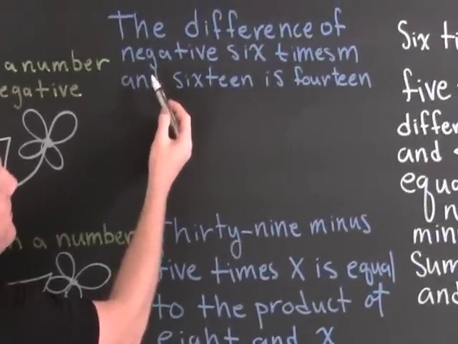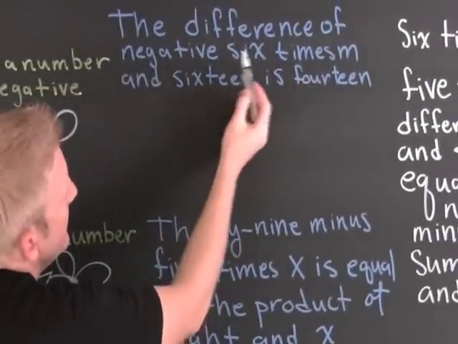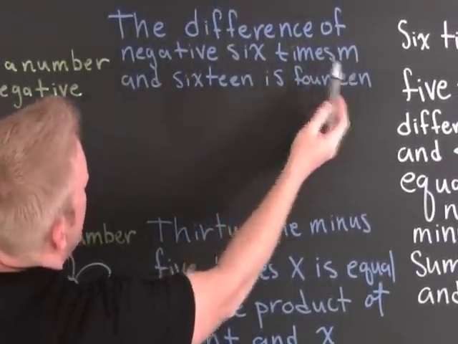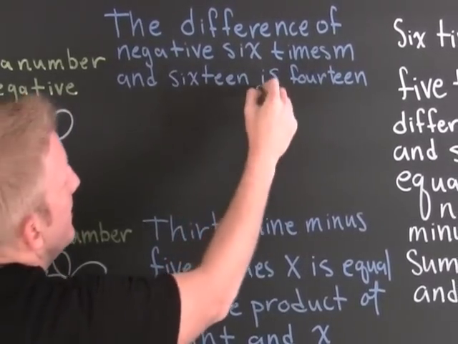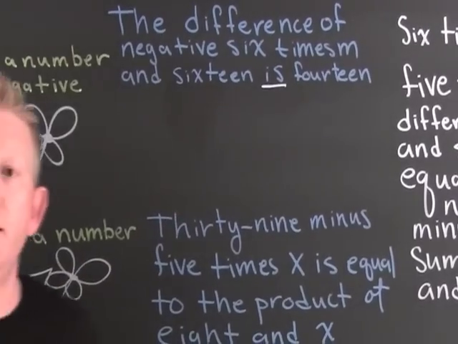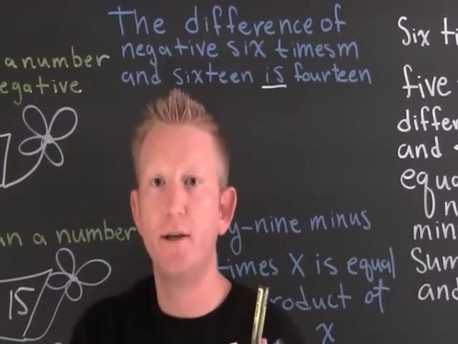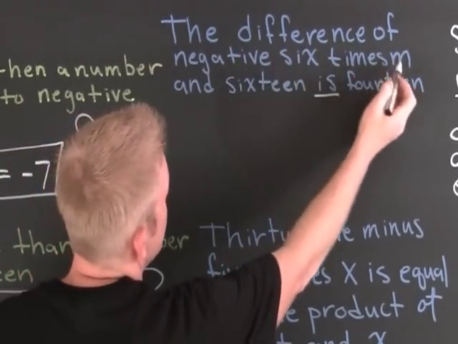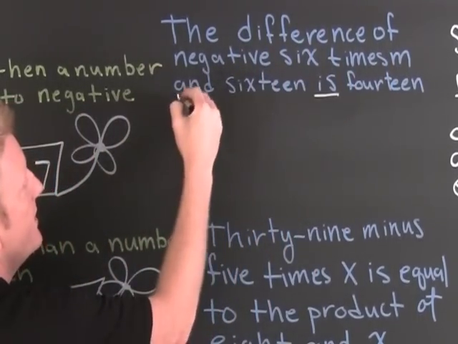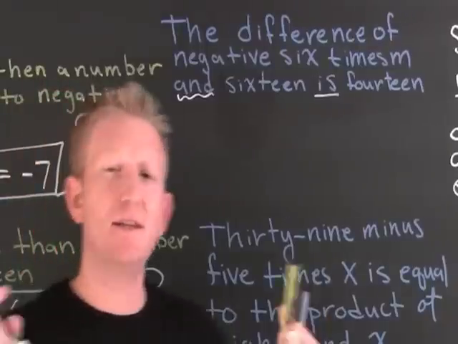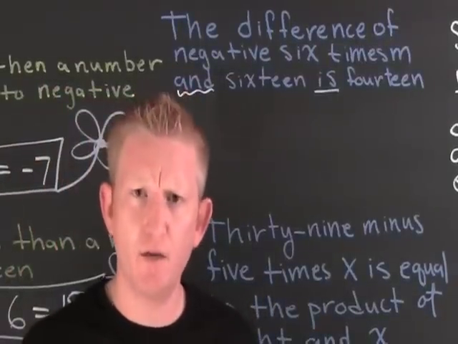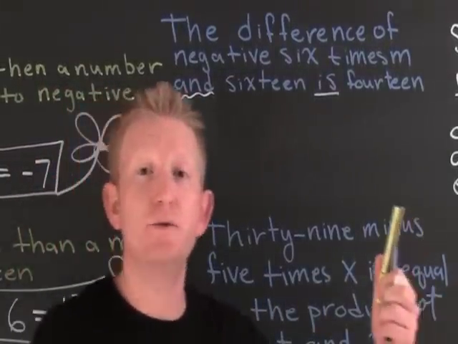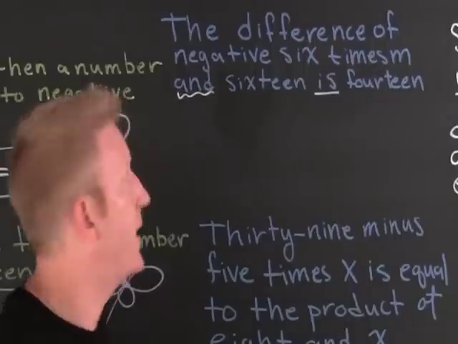The difference of -6 times m and 16 is 14. There it is. Let's work on that left side. The difference of -6 times m and 16. This and right here means that's what you're taking the difference of. All right, and it goes in that order from left to right.